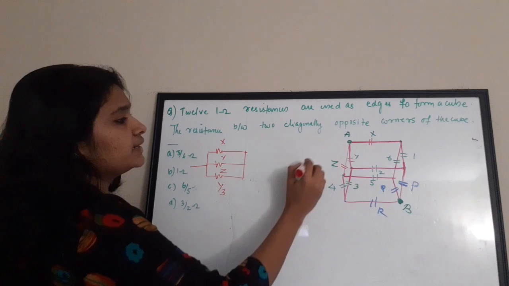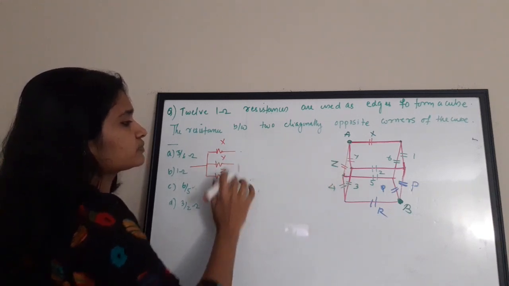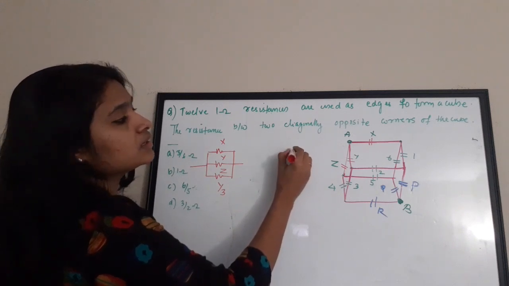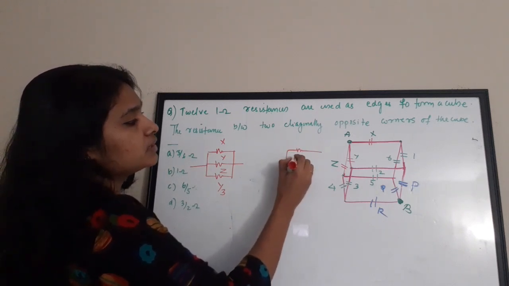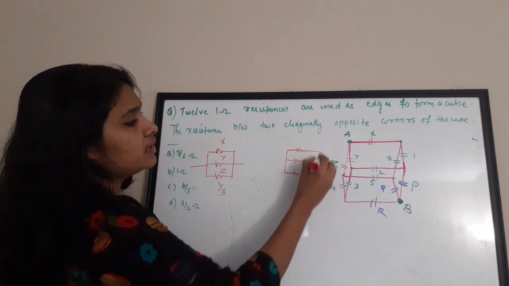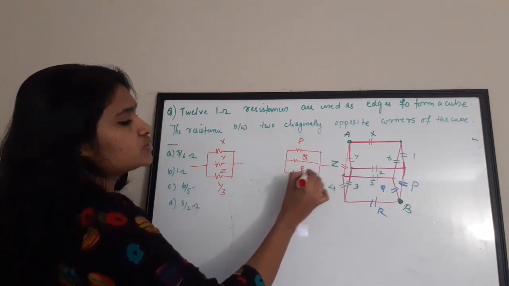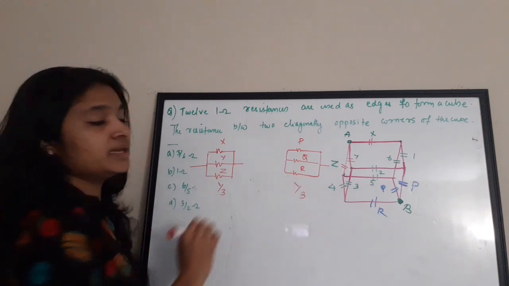Here at the point B, there is P, Q and R, and that equivalent resistance is also 1 by 3.